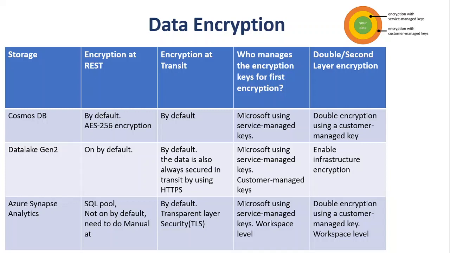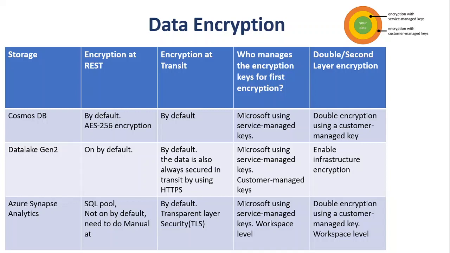So in Cosmos DB, data at rest and in transit are both encrypted by default, and there is no way you can turn it on and off. It's encrypted. The type of encryption used for rest is AES 256. We don't need to know the details of it, because that's more for the security people, but I mentioned it there for our knowledge.